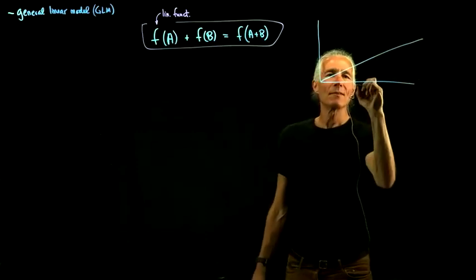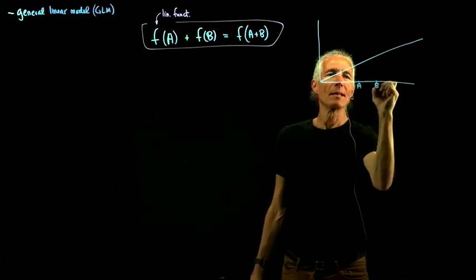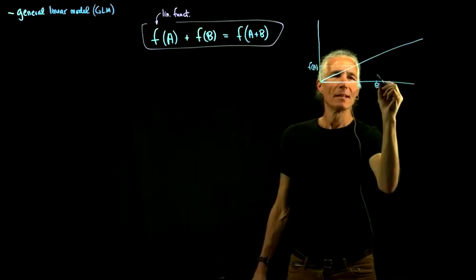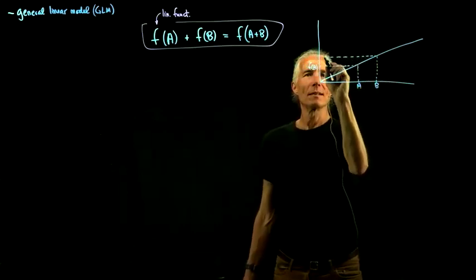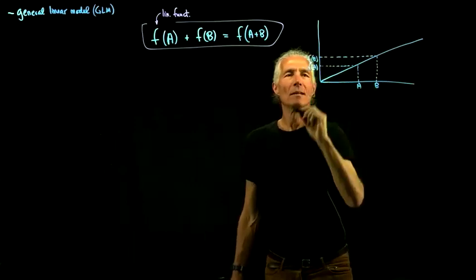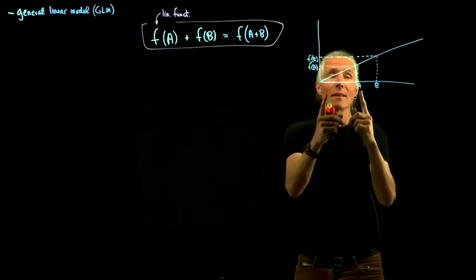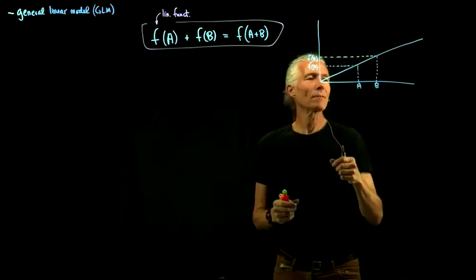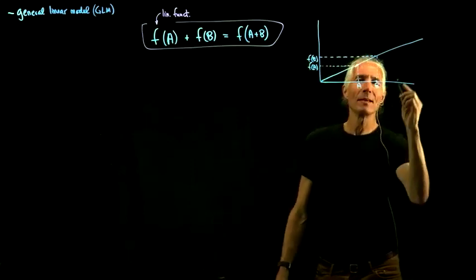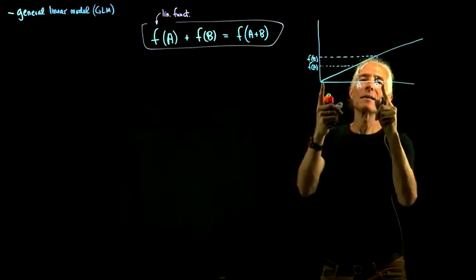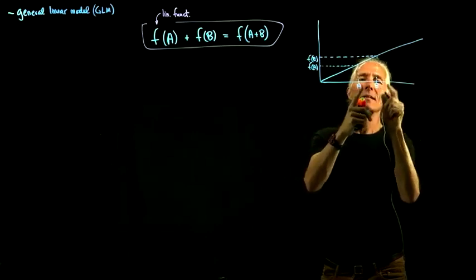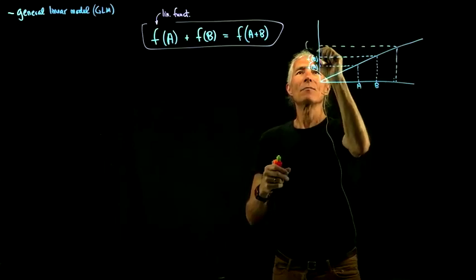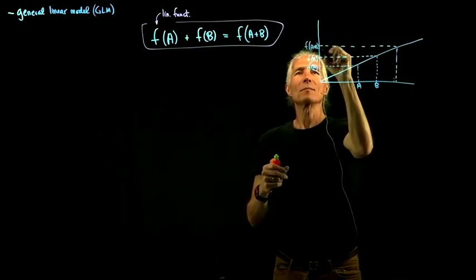So here's, say, point A and point B. If we go up to point A and run it through the function, we get f of A. Then we go up to point B, run that through the function, and we get f of B. And so what is f of A plus B?